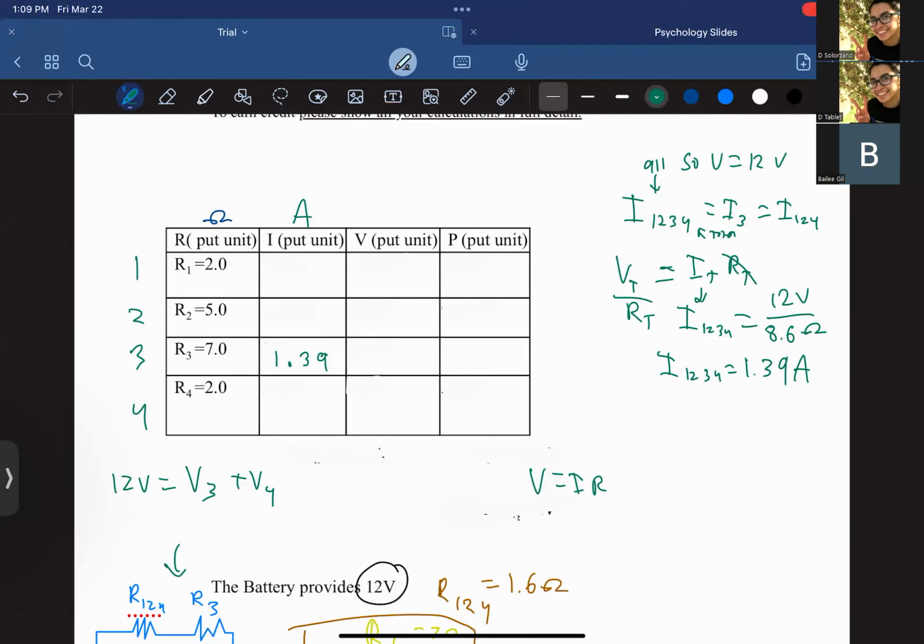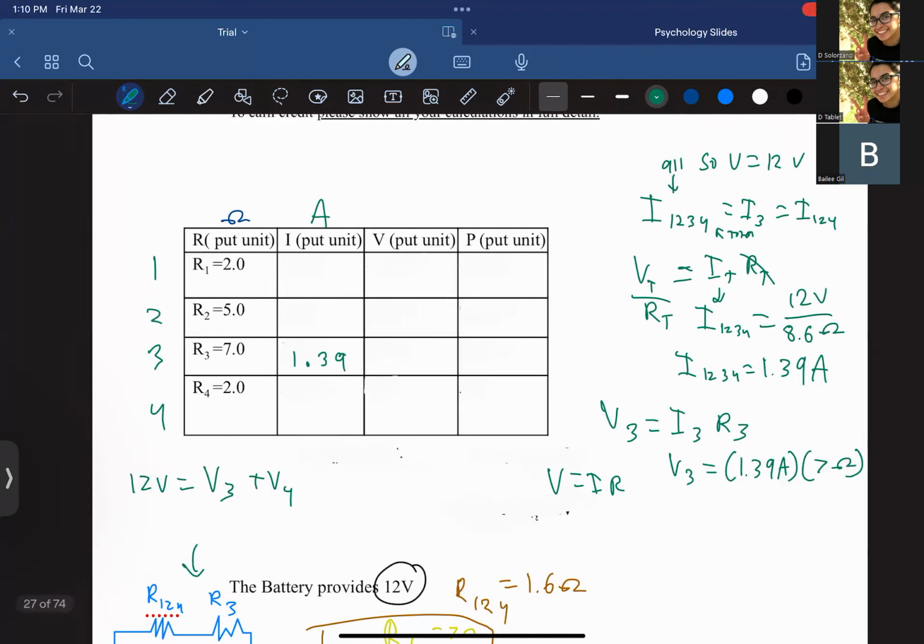So we can go V3 is equal to I3 R3, which we have both of those, so we can just go ahead and plug that in. It's equal to 1.39 ampere and 7 ohm.